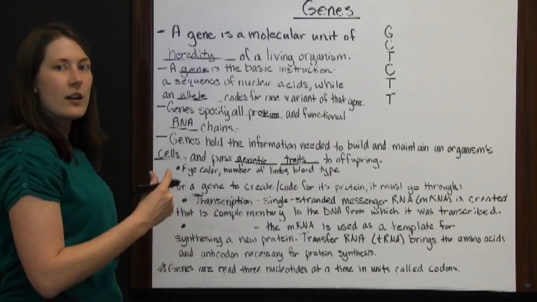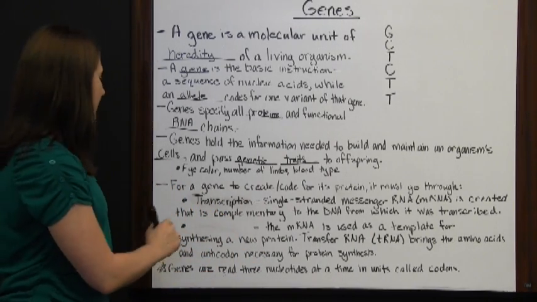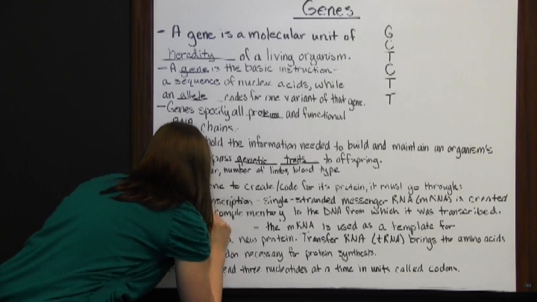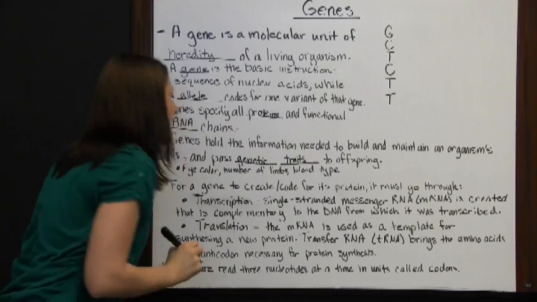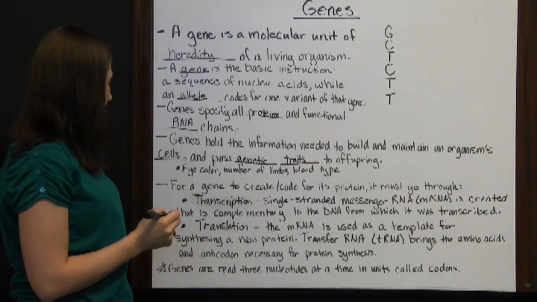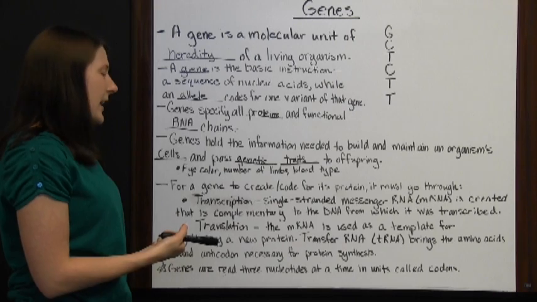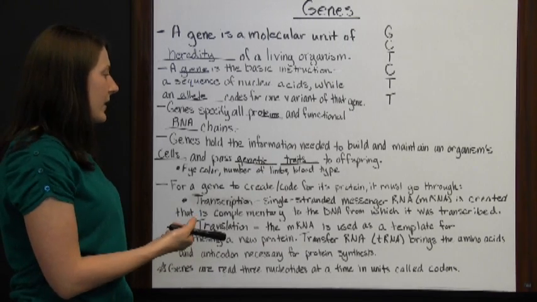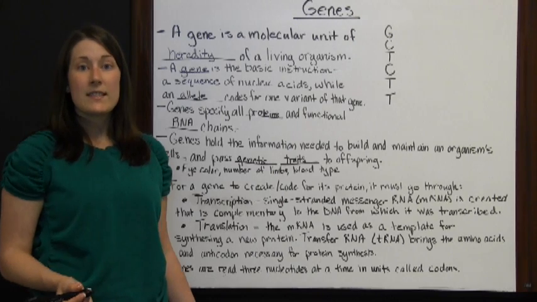And then the messenger RNA is going to bring the message elsewhere in the cell. So next comes translation. That messenger RNA is used as a template for synthesizing a new protein. Transfer RNA, or tRNA, brings the amino acids and anticodon necessary for protein synthesis.